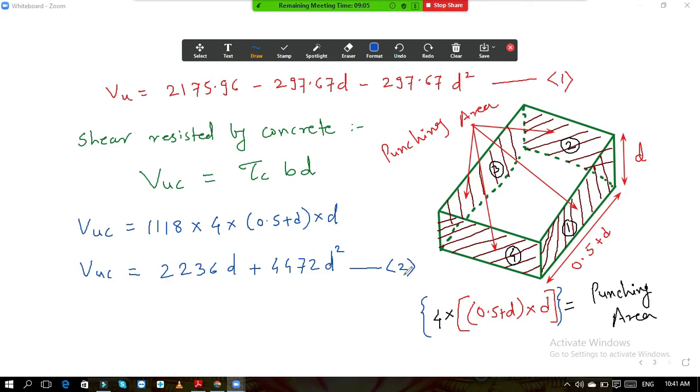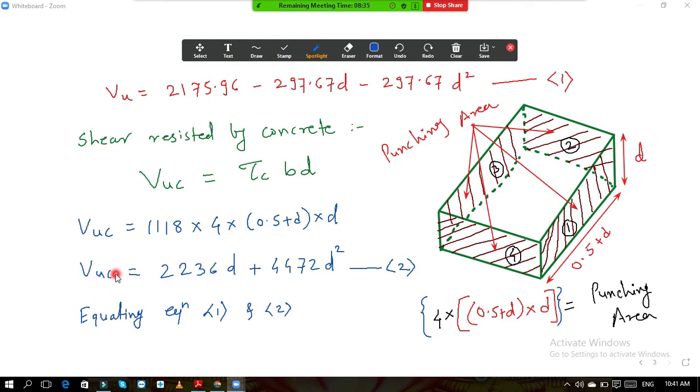Okay. So now we will equate equation 1 and 2 so that we will get the value of depth. So equating equation 1 and 2. And why are we equating equation 1 and 2? Because whatever shear force is generated, all that shear force should be resisted by the concrete.